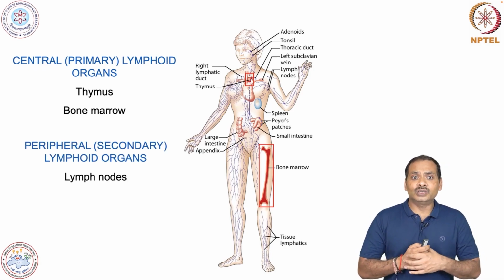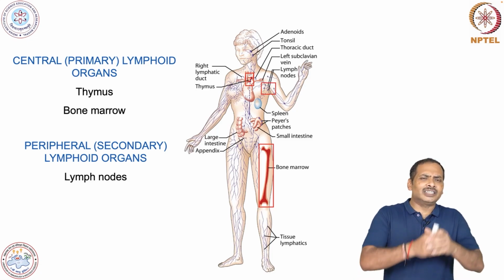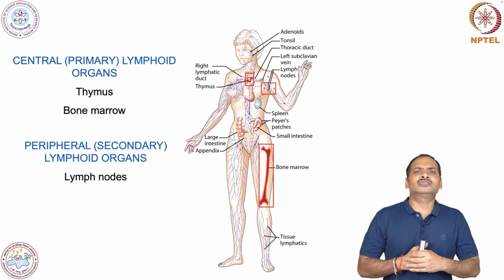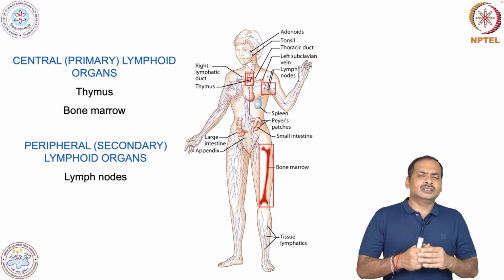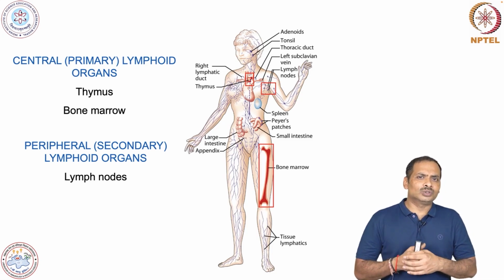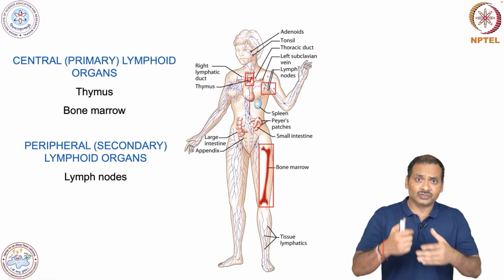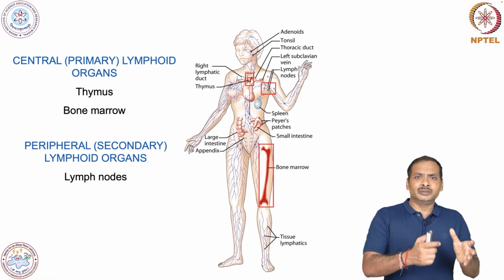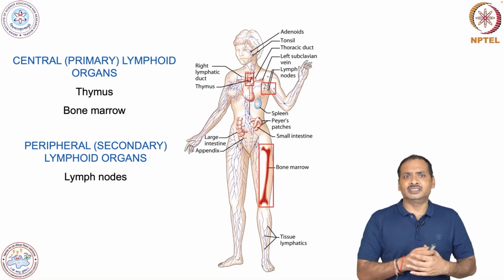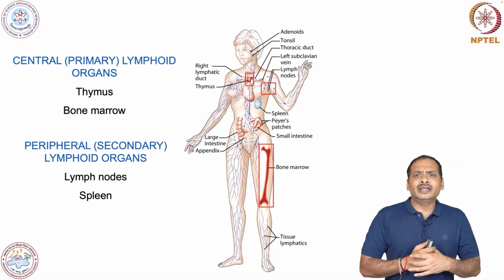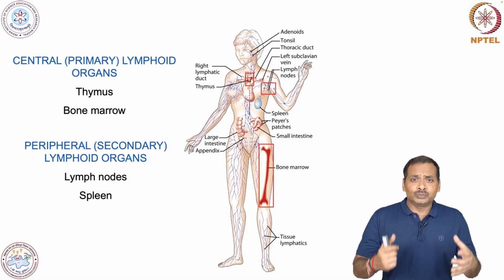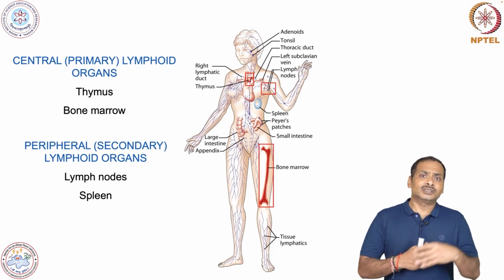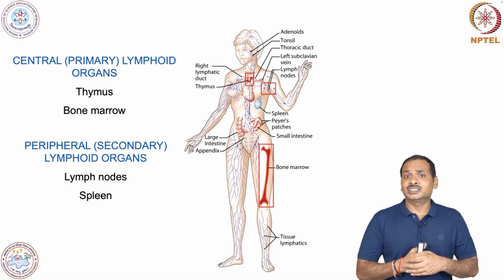The secondary lymphoid organs are again various. One is the lymph node, and lymph nodes are scattered throughout our body. These are basically bean-shaped structures, and they play an extremely important role in defense, in the interaction of immunocompetent lymphocytes with the antigen. Another most important secondary lymphoid organ of the immune system is the spleen.